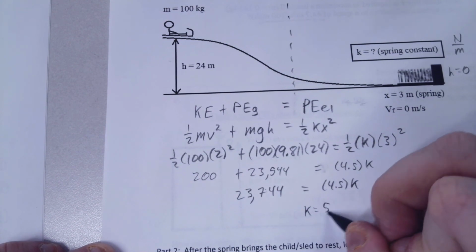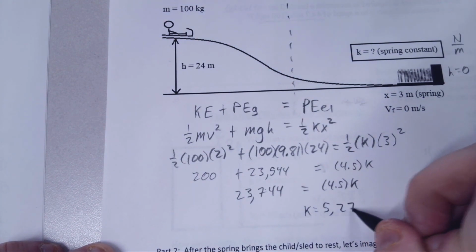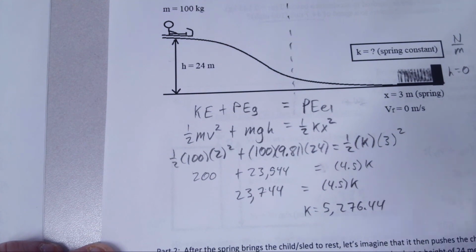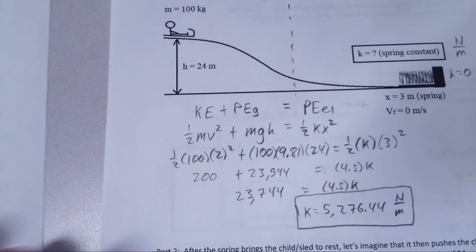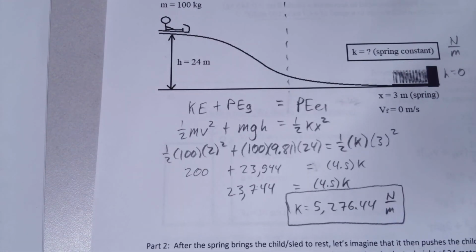I said get used to writing out the work here, because saying, well, I can do it all on my calculator, well, congratulations, but you need to actually show this, because when we get to our next chapter, we're going to be doing conservation of momentum, which the equations can get quite long.